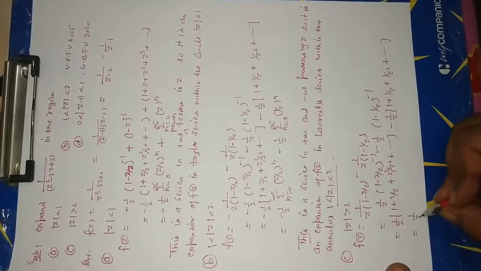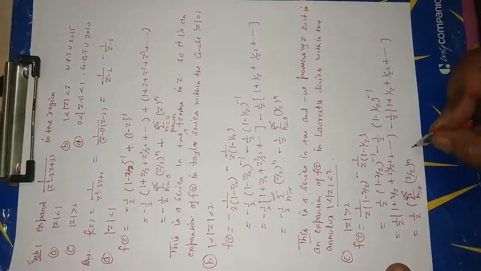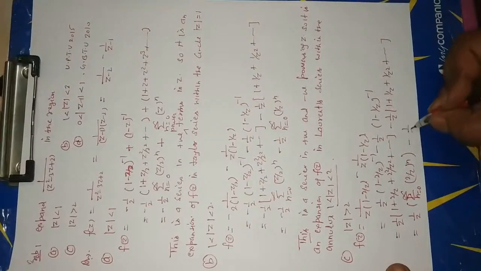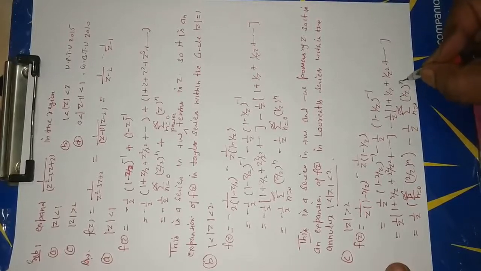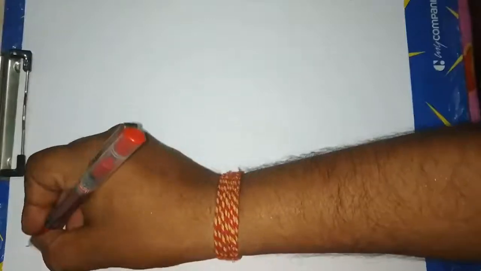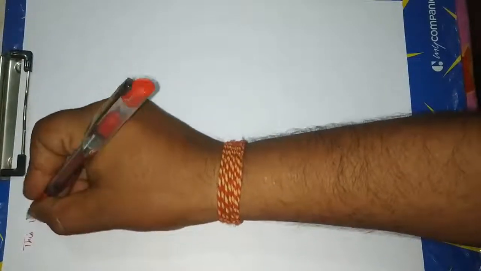This is equal to 1 upon z summation n equals 0 to infinity (2 by z) whole power n, minus 1 upon z summation n equals 0 to infinity (1 by z) whole power n. Okay. This is Laurent.